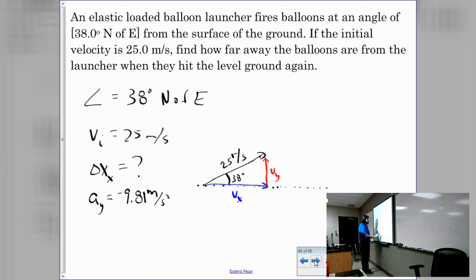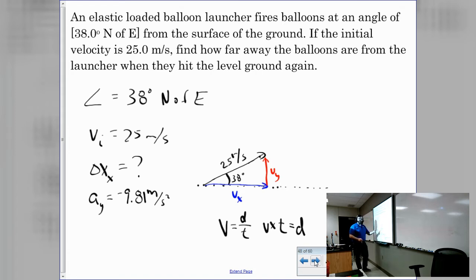That would be represented by the equation velocity equals displacement over time. We're looking for the displacement, so that would transfer into velocity times time equals our displacement, our range horizontally. Now, we can solve for our velocity in the x direction using some trigonometry.